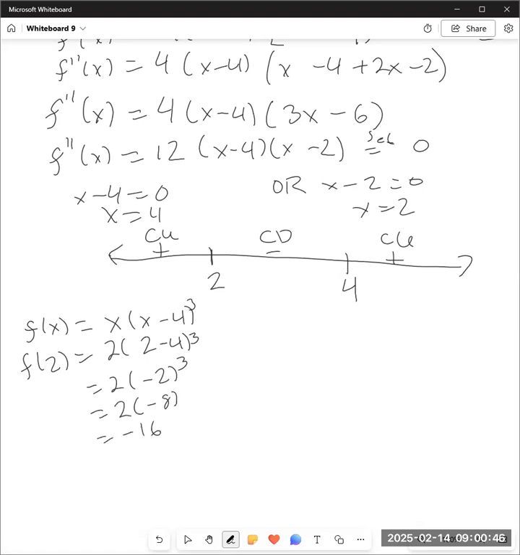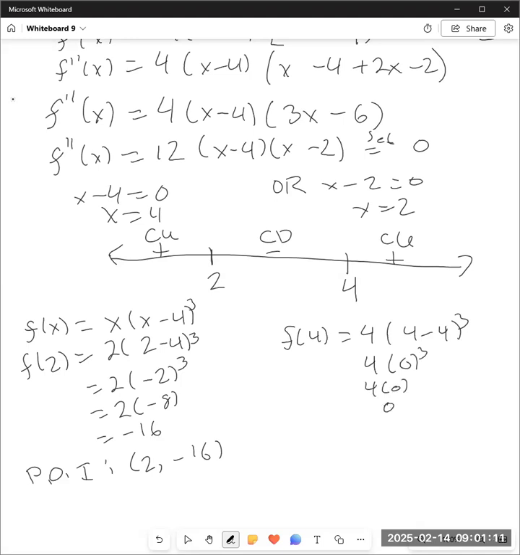So I have a point of inflection at 2, negative 16. And I also have f of 4 that I need to find, which is equal to 4 times 4 minus 4 cubed. Well, that's kind of easy. That's 4 times 0 cubed. 0 cubed is 0, and that's 0. So I have a point of inflection at 4, 0.